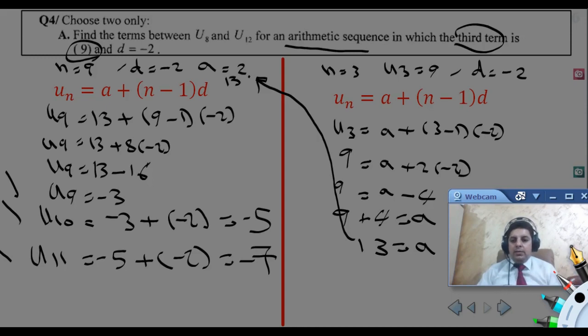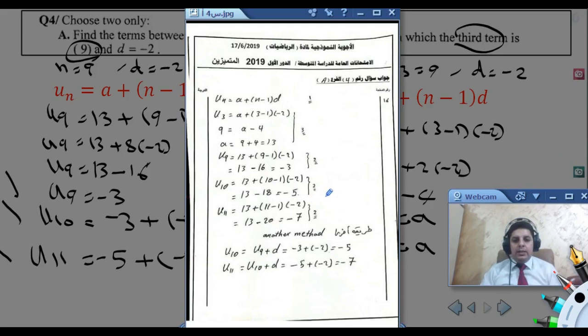Look at, my dear students, look at the typical answer and look at the division of the answer. This is 1 degree and this is step 3 degrees, and U9 2 degrees, U10 2 degrees, U11 2 degrees. 2 plus 2 plus 2 plus 3 plus 1 equals 10.